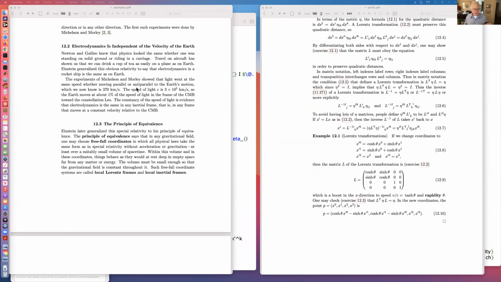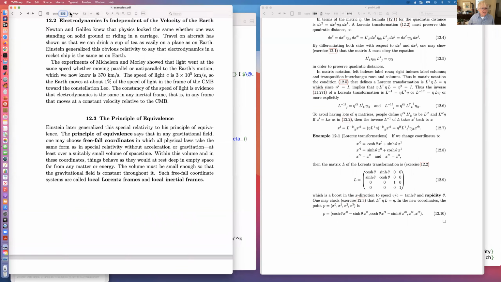Einstein later, about 10 or 15 years after that, generalized it to general relativity. And what he formulated it as was the principle of equivalence. Let me see if I can make this bigger so that it's easier to read.